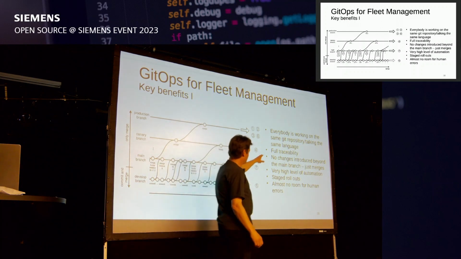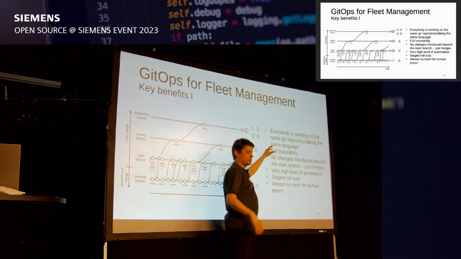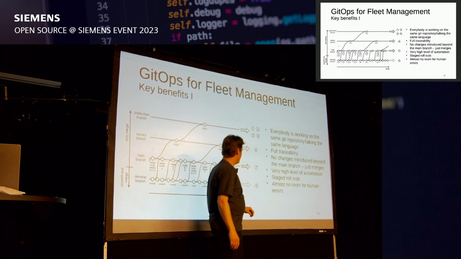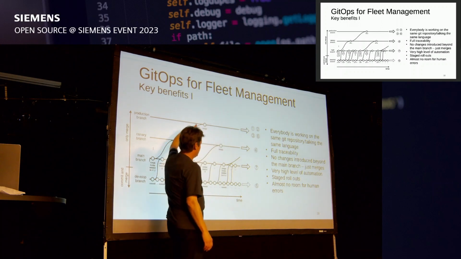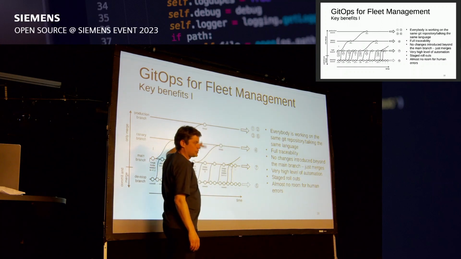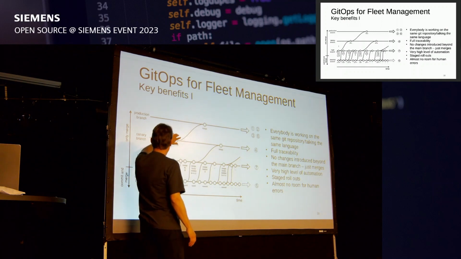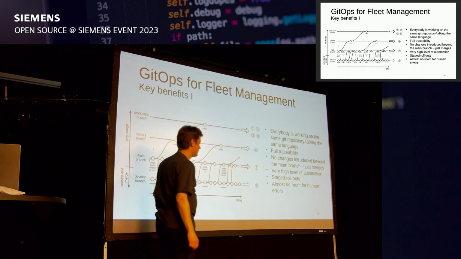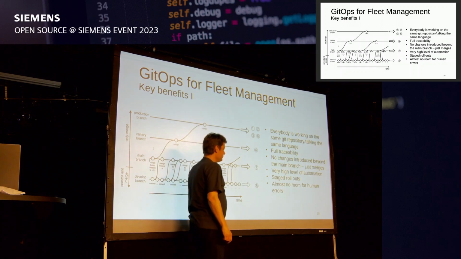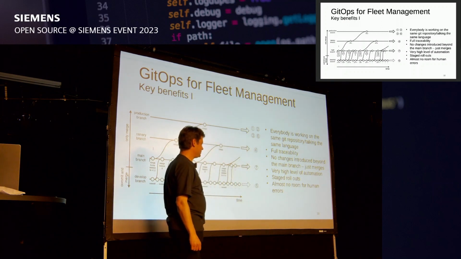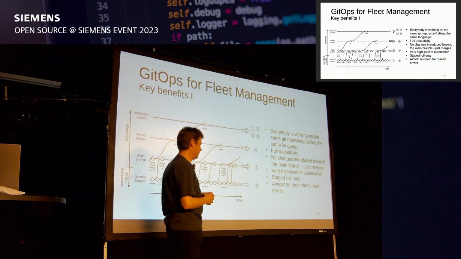You have full traceability. All the changes on your fleet are tracked in Git. Then on the upper branches, you don't introduce any breaking changes anymore. So here we just have merge on main, canary, and production. Then the level of automation is very high, so human errors are almost reduced to zero.